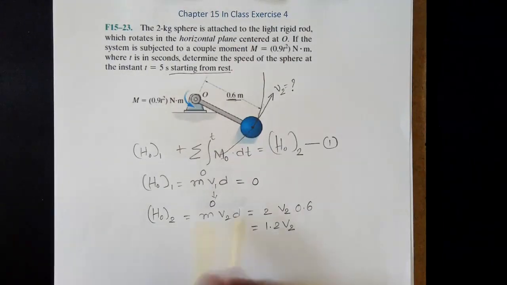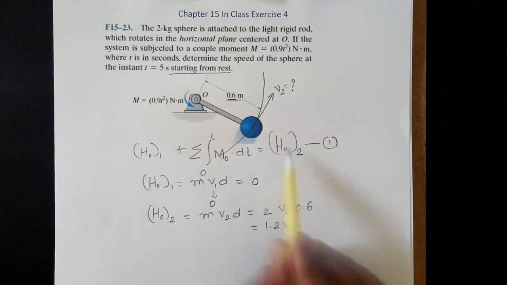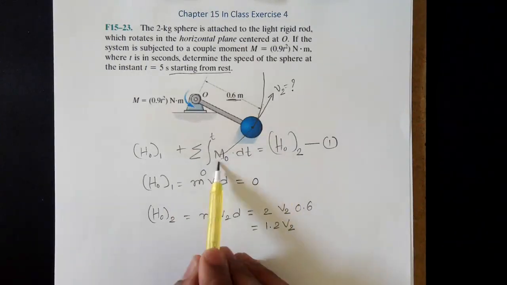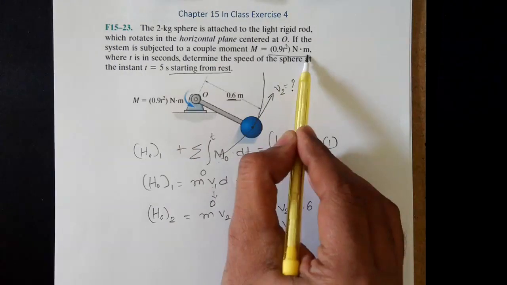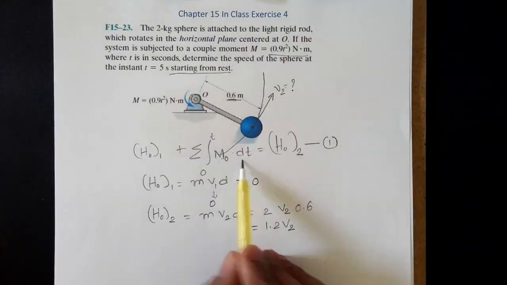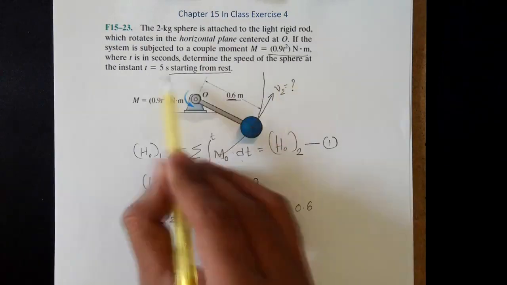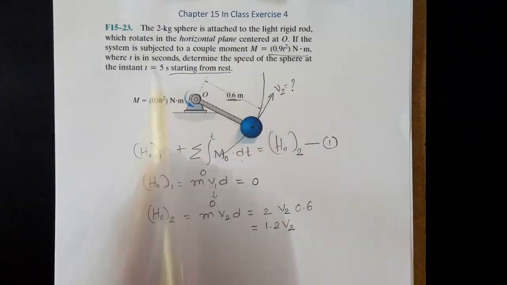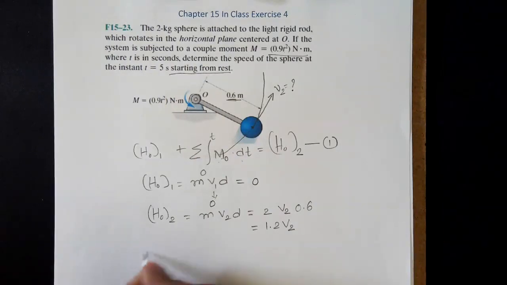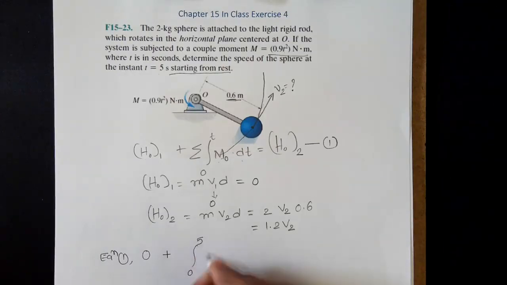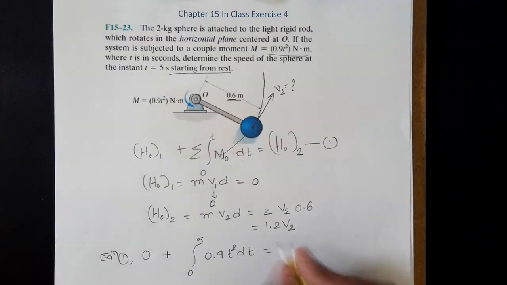Now substitute H_O1 and H_O2 into equation 1 and integrate the given moment of 0.9 t squared with respect to time for time equal to 0 to 5 seconds. Now H_O1 is 0. So equation 1 becomes 0 plus the integration from 0 to 5 seconds of 0.9 t squared dt is equal to 1.2 times v2.